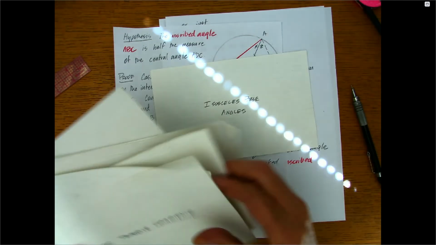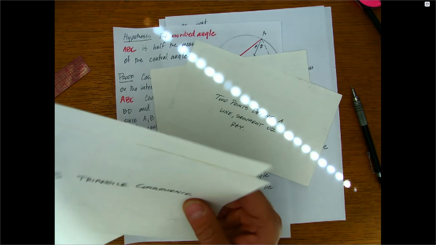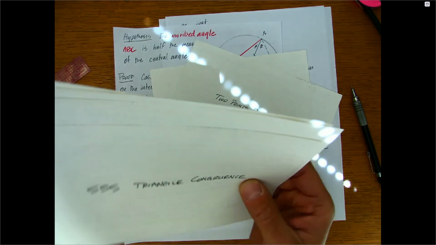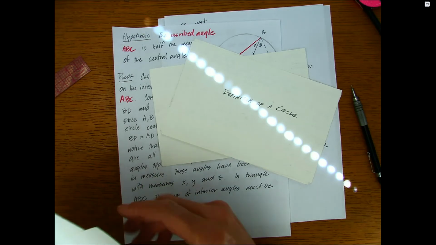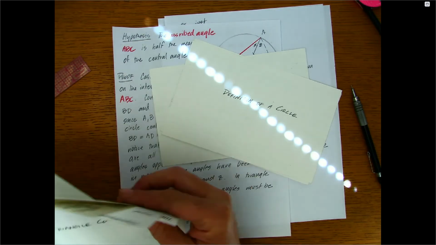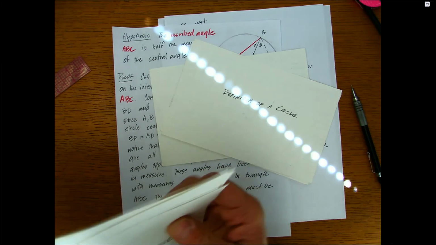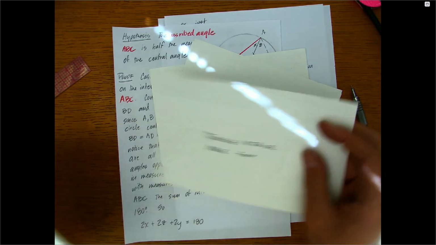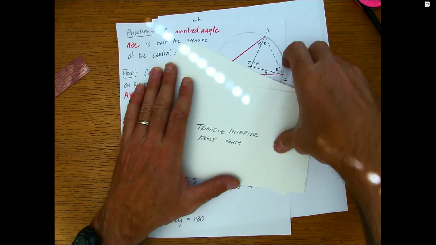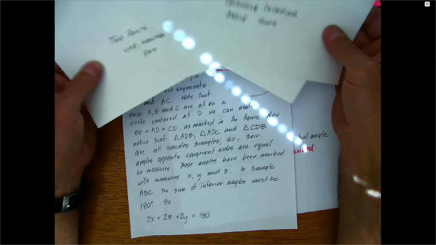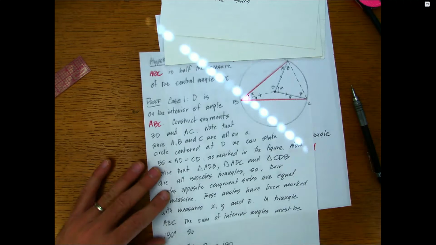We also used the fact that two points determine a line segment, so we used some construction. We used the definition of a circle to find some congruent segments. And there's one more, the triangle interior angle sum. Those pieces of information were all put together and used here.